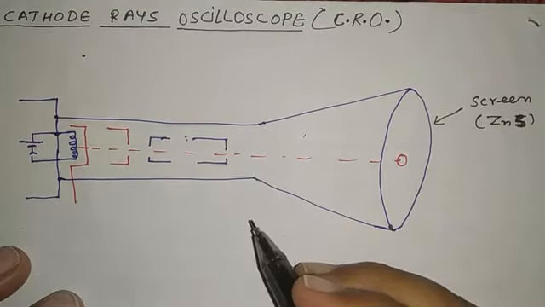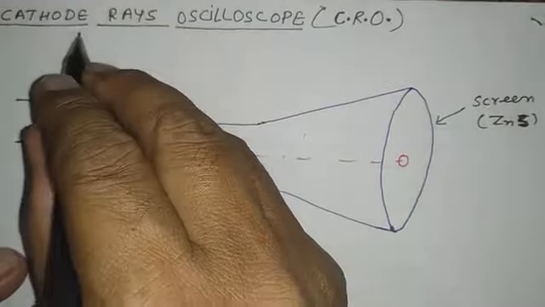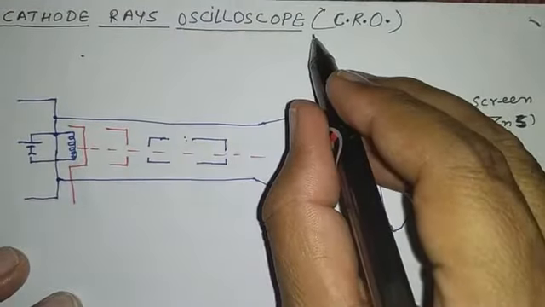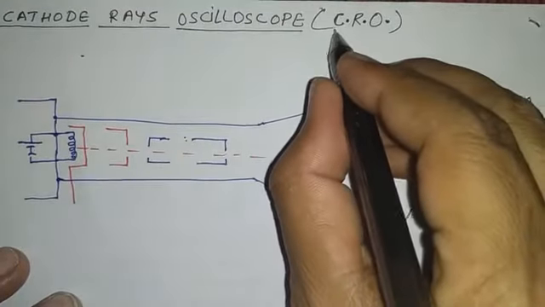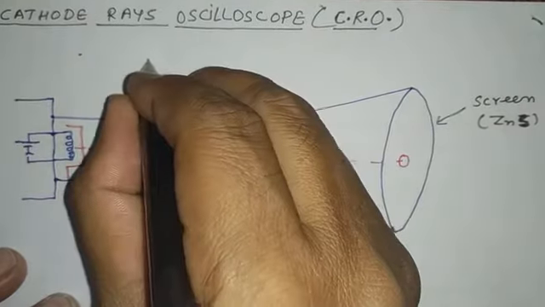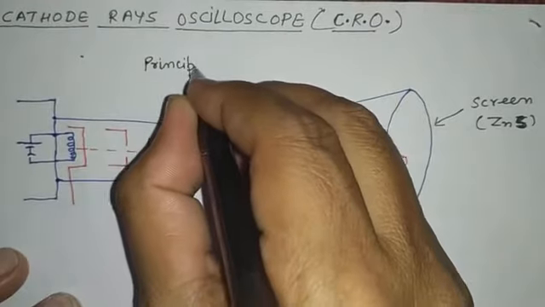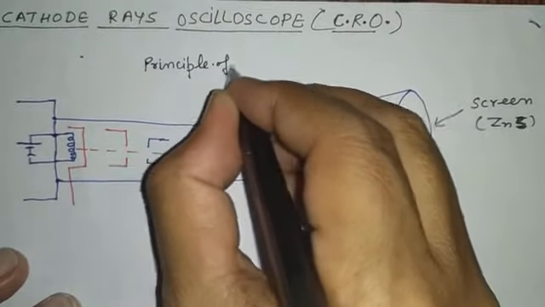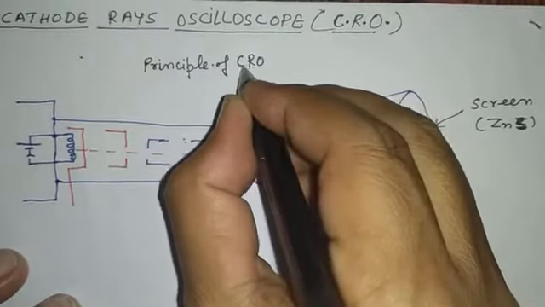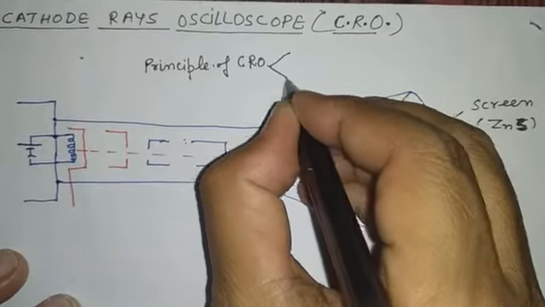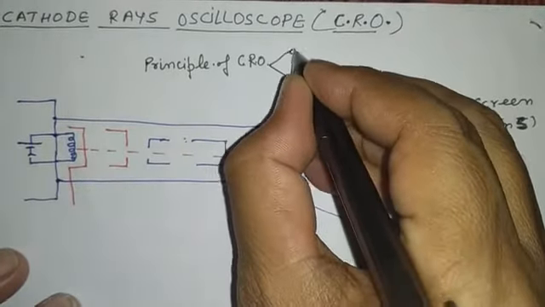Today we will deal with cathode ray oscilloscope. Commonly it is known as CRO. The principle of CRO is based on two parameters.